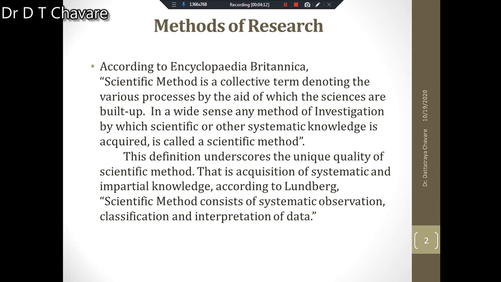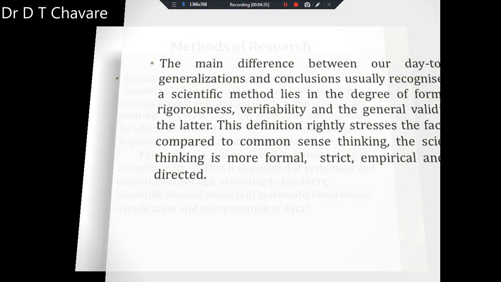Try to understand. That's why in scientific method, systematic observation is essential, systematic classification is essential, and interpretation of data is also essential. If these three things are there, definitely you can say that the method is scientific method.